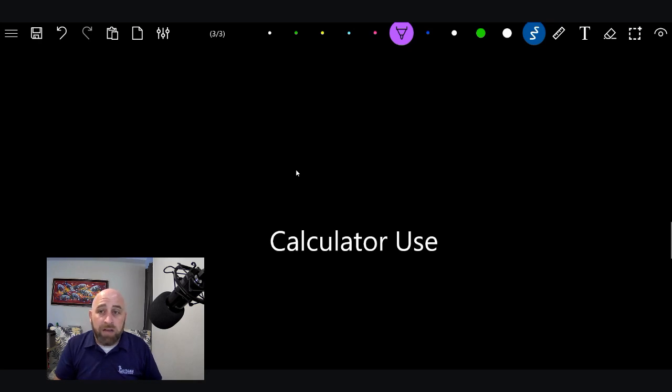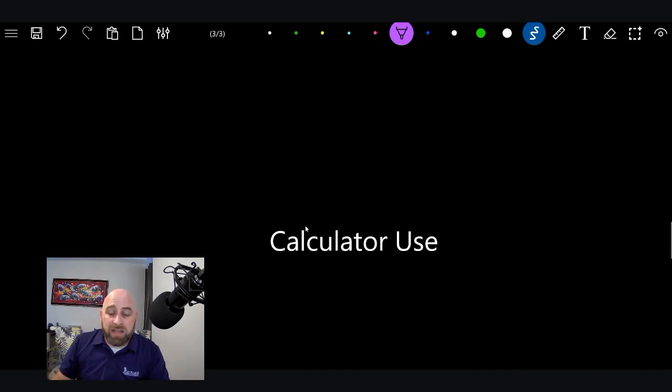So if you don't have one, you need to get one. That is extremely important. Most of your cell phones have one, and so you can use that if you want to. I don't love my calculator on my cell phone. I'm sure there are some apps that would be better, but I suggest you get your own calculator.